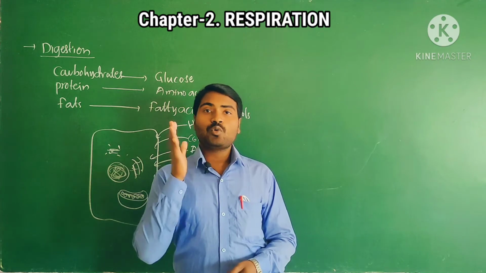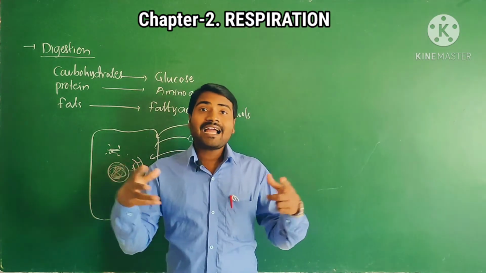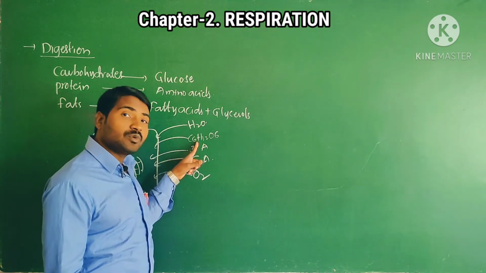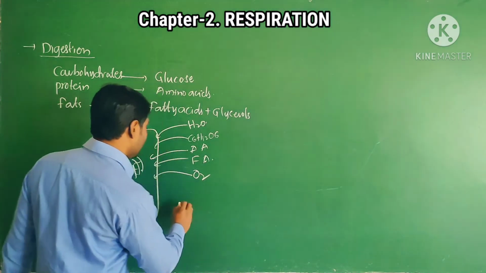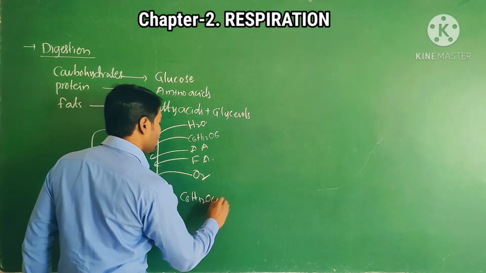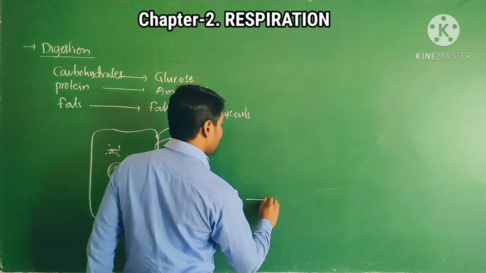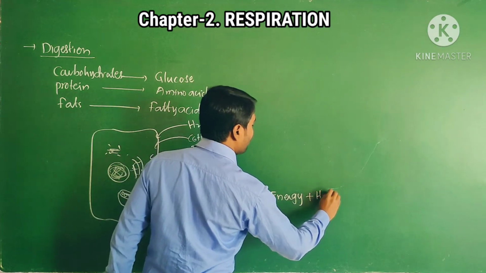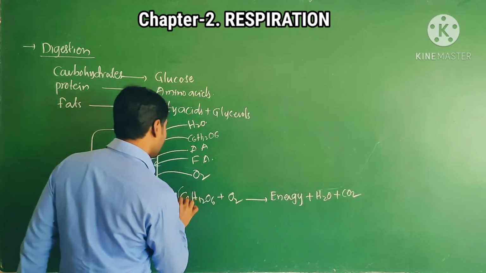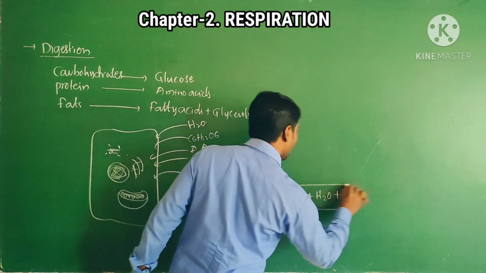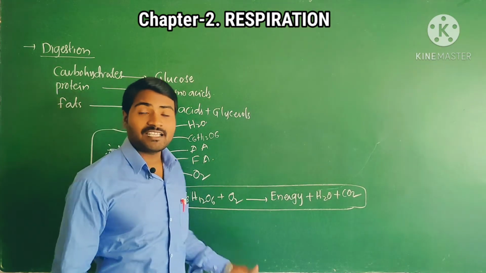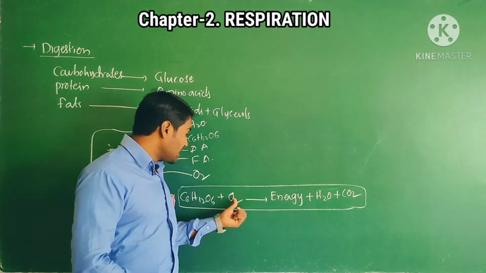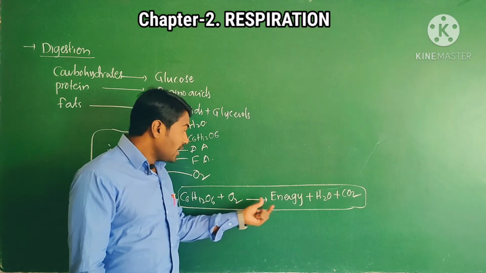Now, these simple glucose molecules react with oxygen in the presence of water. I will write the simple form. C6H12O6 plus 6O2 gives 6CO2 plus 6H2O plus energy. So this process is called respiration. In respiration, the glucose is oxidized, reacting with oxygen in the presence of water.